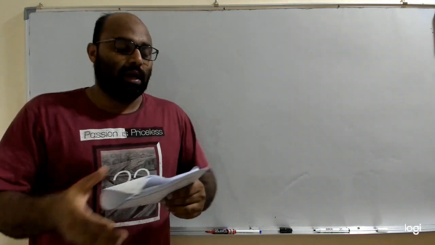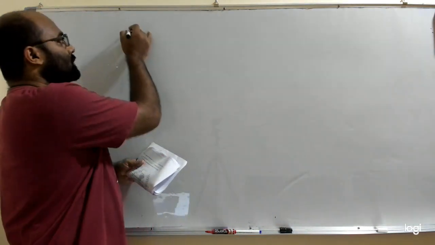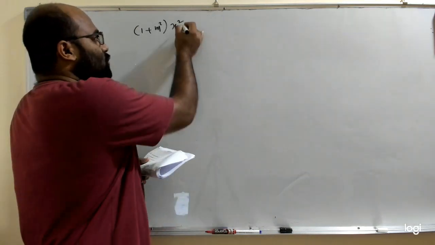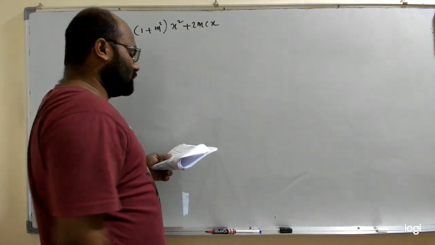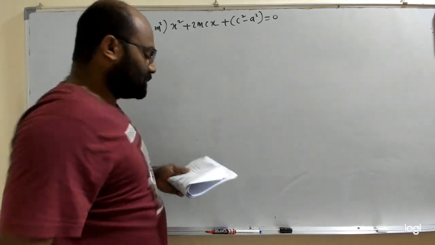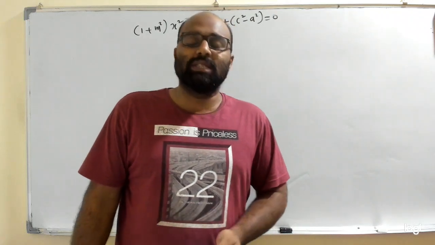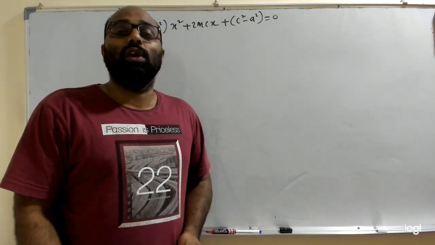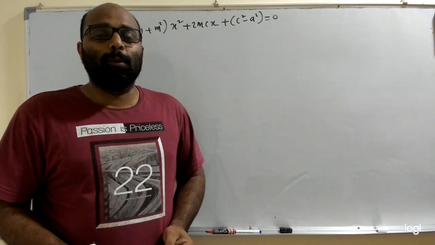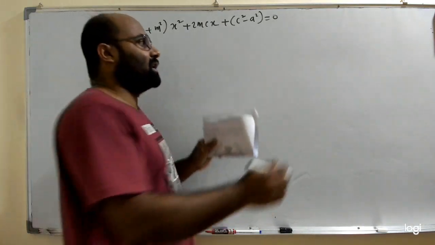Okay. Next one. If the equation 1 plus m square into x square plus 2mcx plus c square minus a square equal to 0 has equal roots, then prove that c square equal to a square into 1 plus m square.